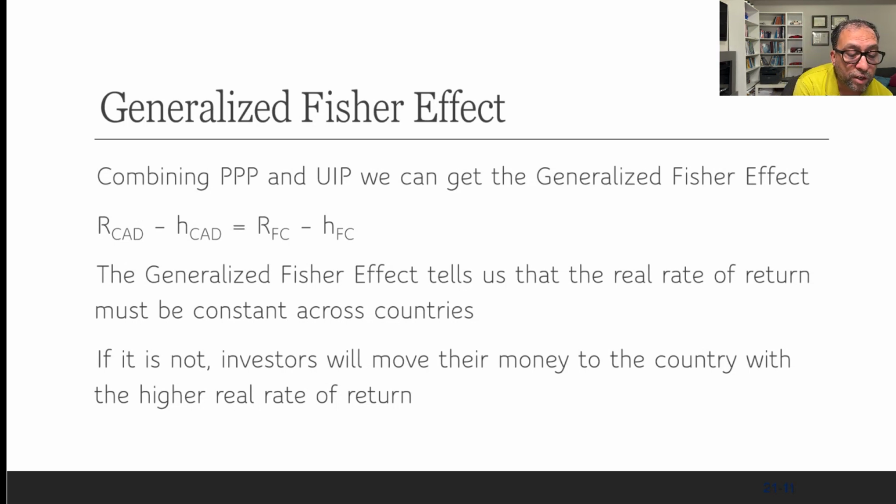So this is our Canadian interest rate, and this is the Canadian inflation rate. So the real interest rate is going to be equal to the real interest rate in the foreign country, right? So this is going to explain here. If it is not, investors will move their money to the country with the higher real rate of interest.